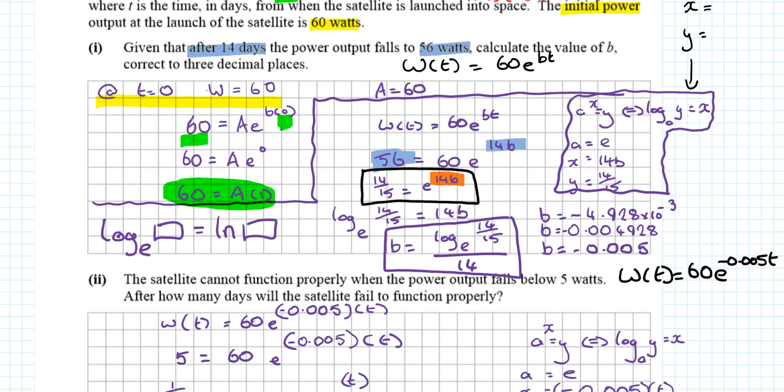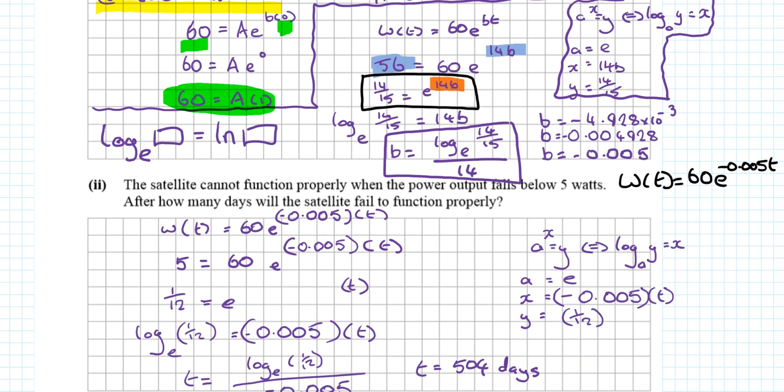Okay, so the satellite cannot function properly when the power output falls below 5 watts. After how many days will the satellite fail to function? Okay, so now we know the power output is 5 watts. After how many days? It's telling you what it's asking for.